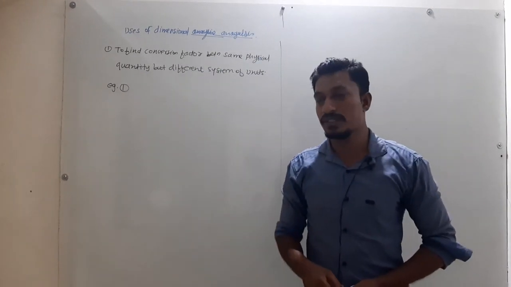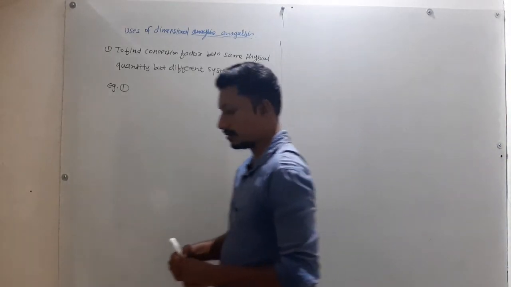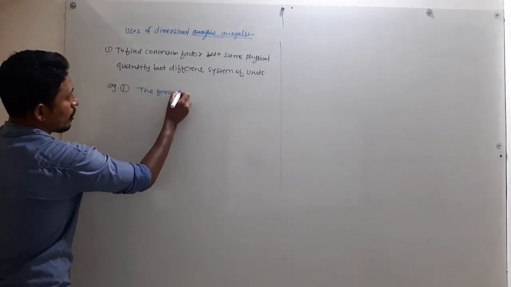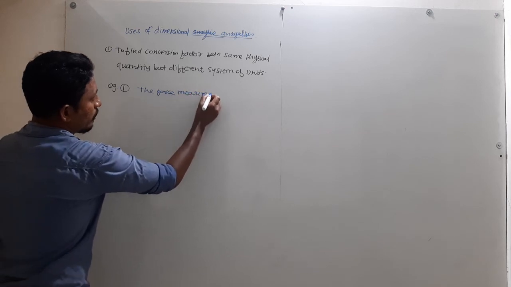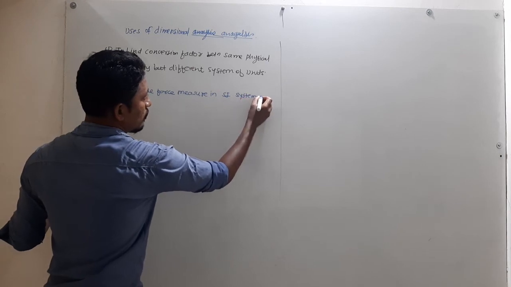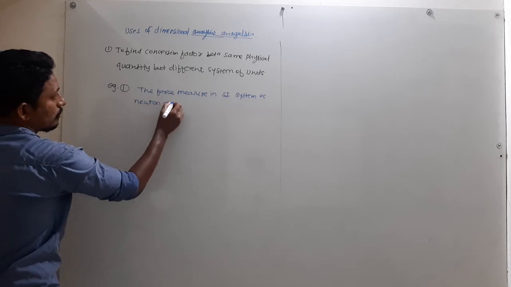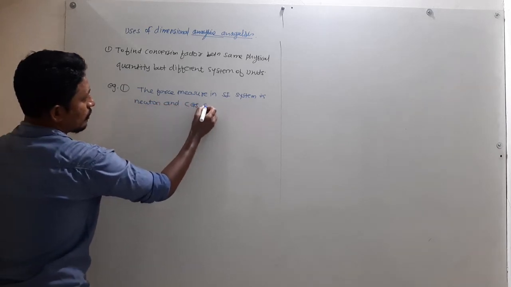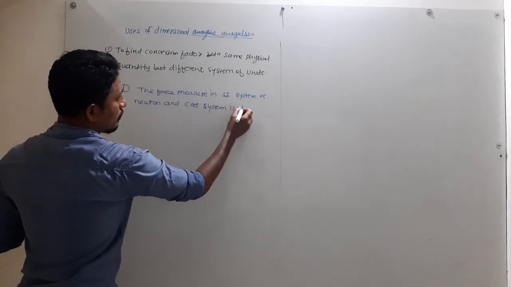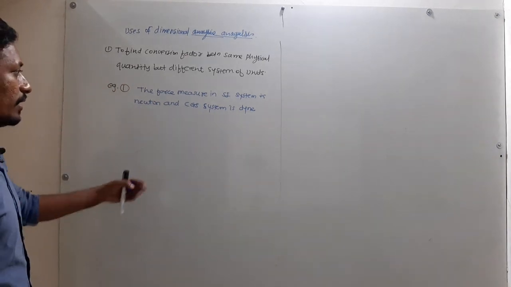the force measured in SI system is Newton, and in CGS system is dyne.